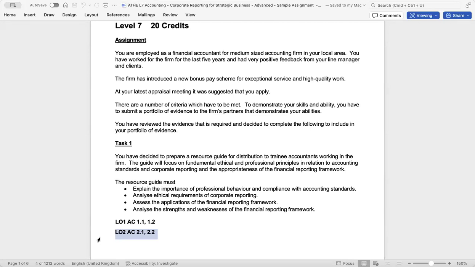Ensure proper citations and referencing using the Harvard referencing system for all sources used in your assignment. Proofread your documents carefully to check for any errors in grammar or formatting. Save your documents as a Word file or PDF for submission.